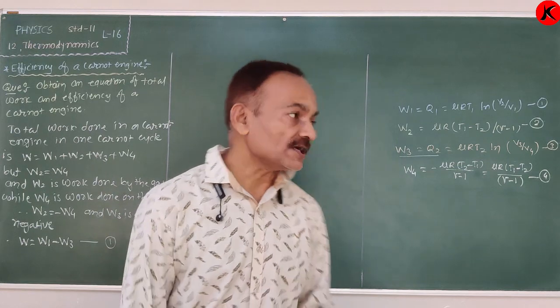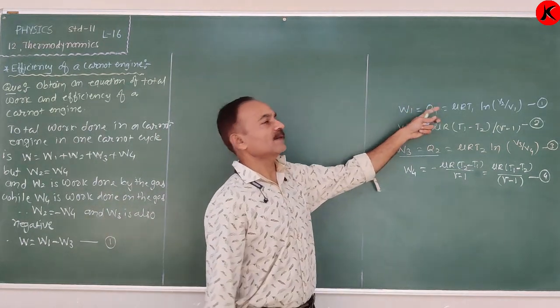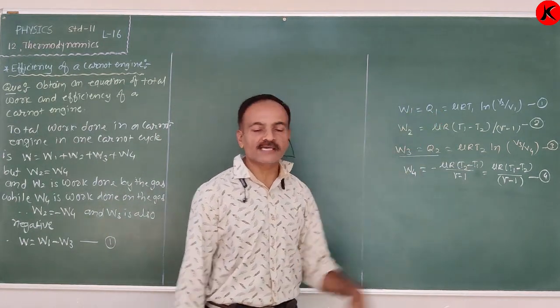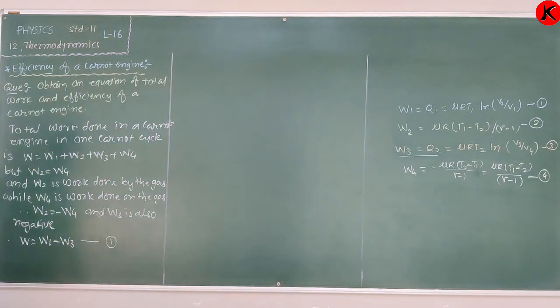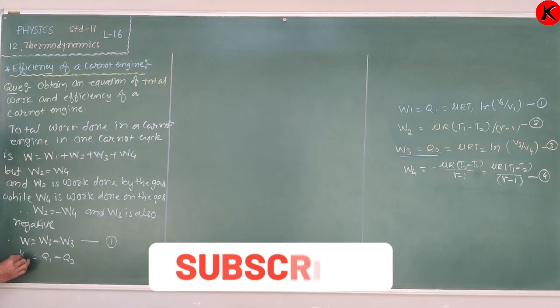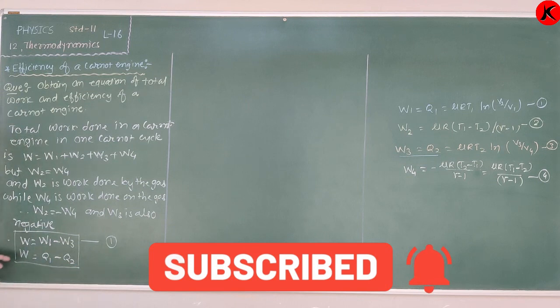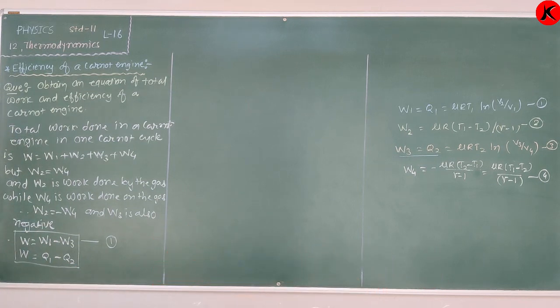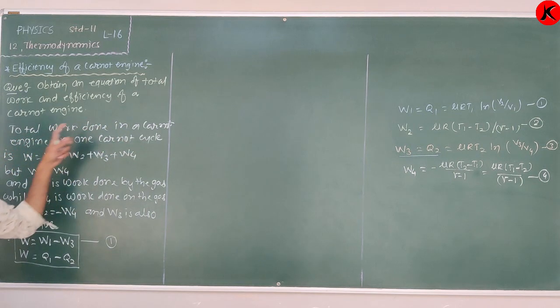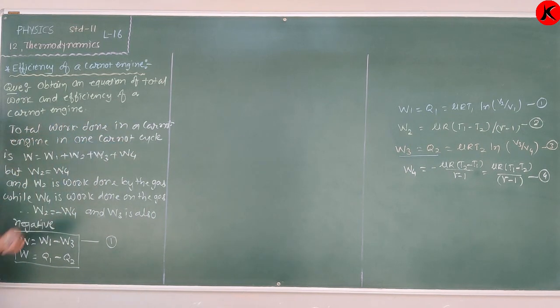So from the first law of thermodynamics, W1 = Q1 and W3 = Q2. So we can write Q1 − Q2 as the total work done in a Carnot engine during one Carnot cycle. Clear this? Again, total work done in a Carnot engine during one Carnot cycle is the addition of all these works.